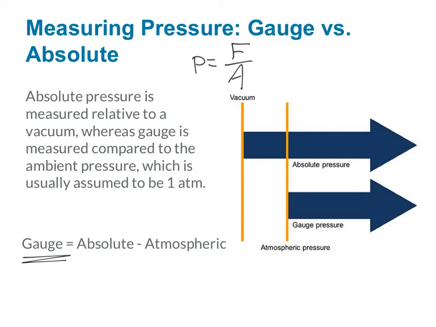But that atmospheric pressure is still technically at play there. But if we wanted to look at a system more closely, and you were actually taking physical readings, you'd want to find the gauge pressure instead of the absolute pressure. But really all you got to know is gauge pressure equals absolute minus atmospheric.